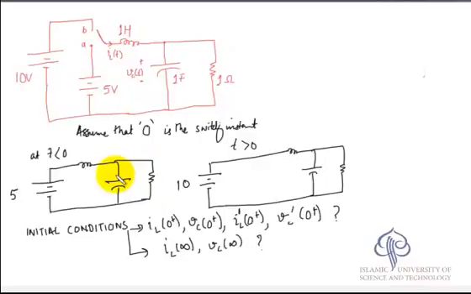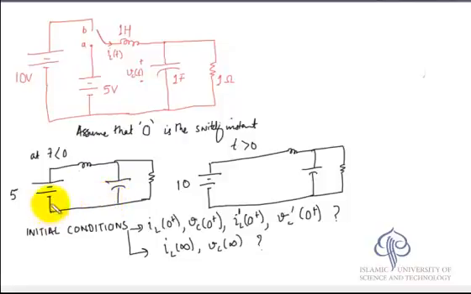That means this inductor would behave like a short circuit. The capacitor would behave like an open circuit. So actually there's going to be no current through the capacitor and no voltage across the inductor.